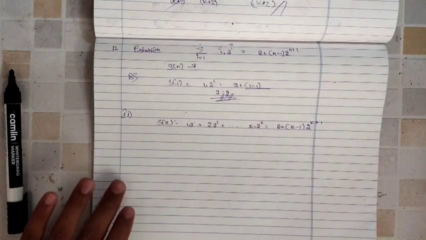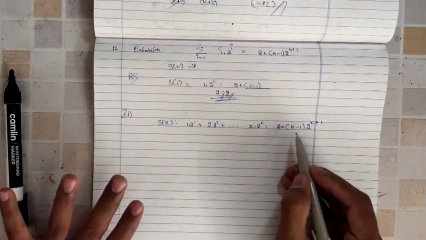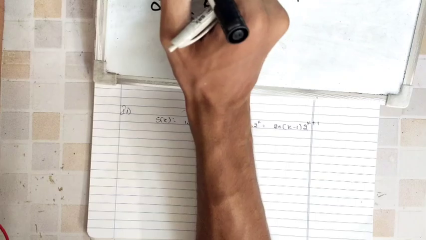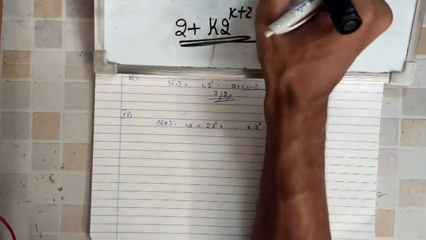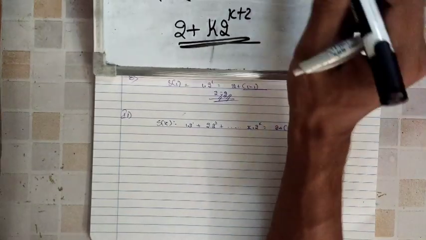Okay, so let me start now. So I wrote as it is like this, so on 2 power k. So now what I will do, I have k into 2 power k, right? So what terms do I have to add? The last term is k into 2 power k. Now I will make it k plus 1, k plus 1 into 2 power k plus 1. So this is the term which I have to add on both the sides.